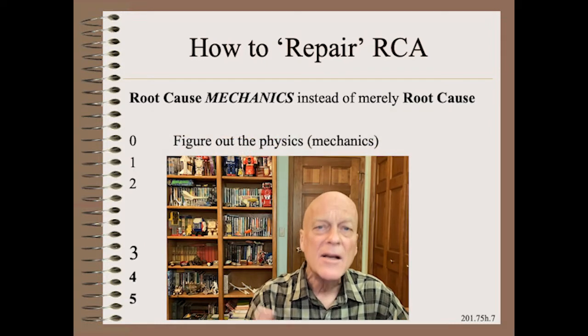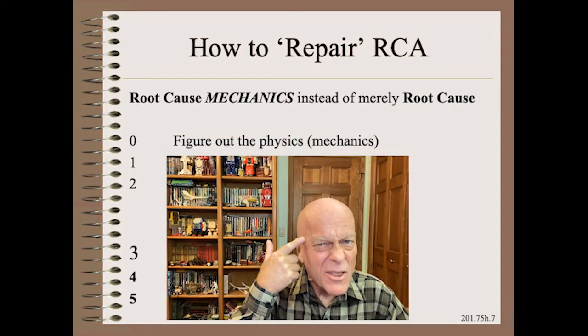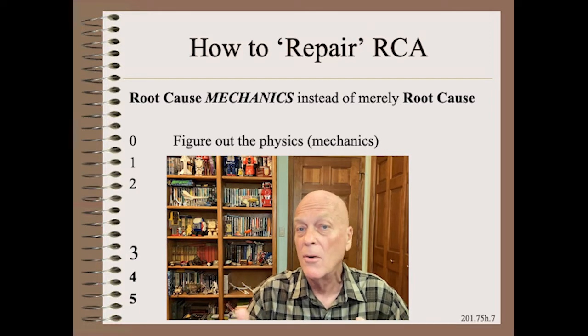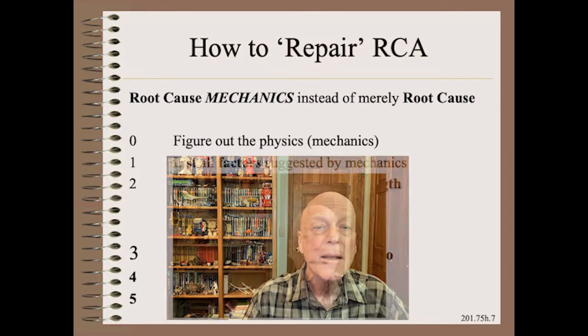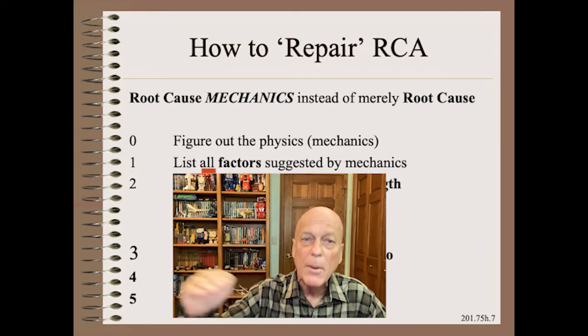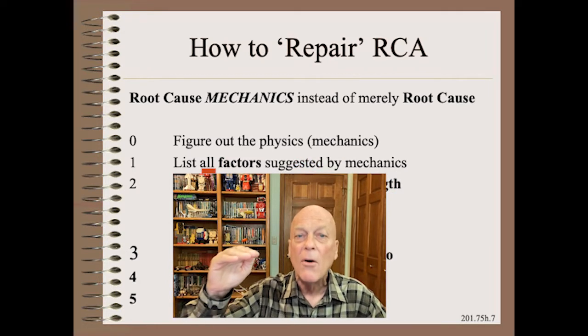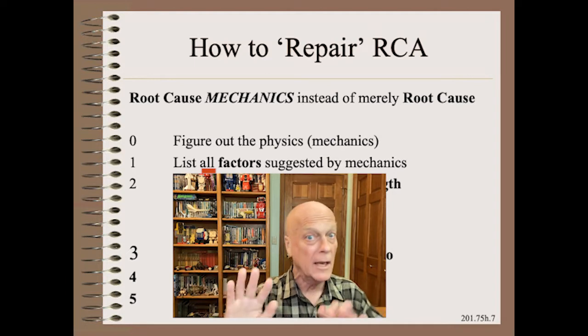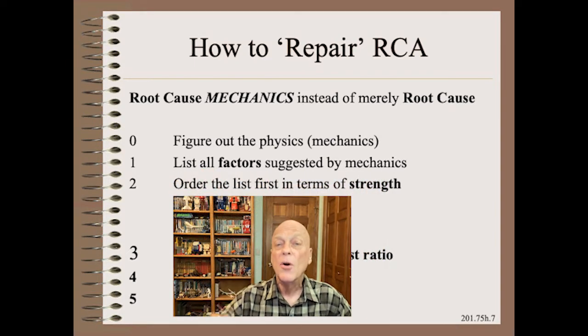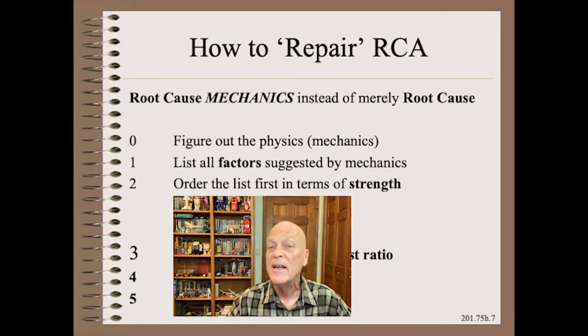We begin by trying to figure out the physics, perhaps by doing a literature search or a DOE. Then we list all factors suggested by experiments or experience, even if those are not pleasant factors. Then we order that list in terms of remedy strength.